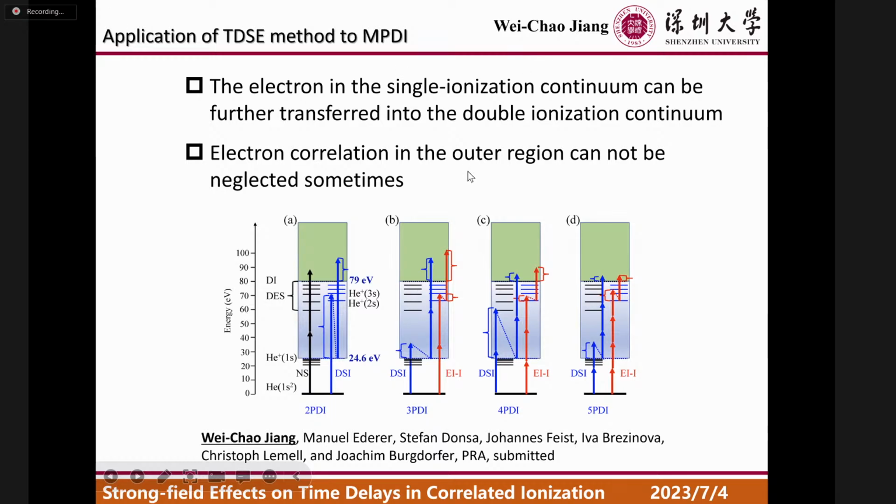The second challenge is that in the outer region, we neglect the electron correlation, but sometimes the electron correlation in the outer box is also important.